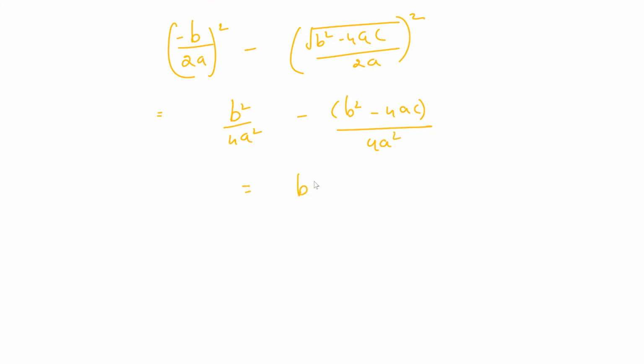So that gives us b square minus b square plus 4ac by 4a square. B square minus b square cancels off. Then we have 4 going away, a and a going away. So you are left with c by a. So this is the product of roots for a quadratic equation.